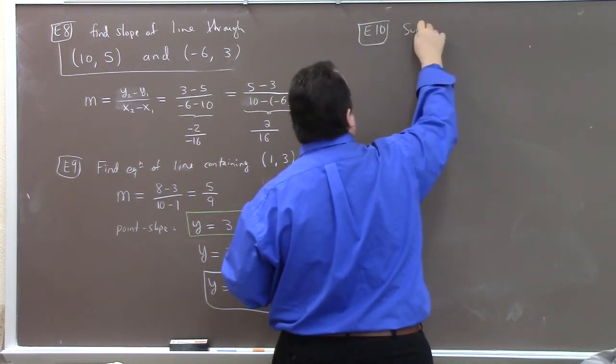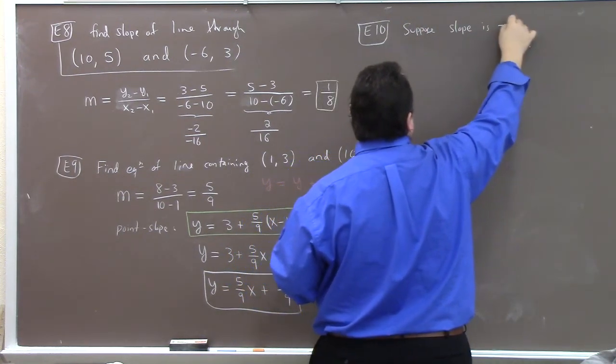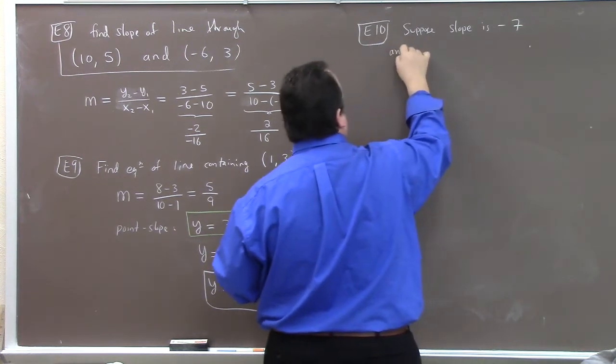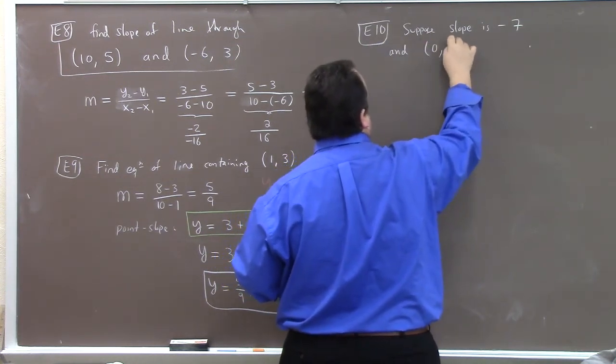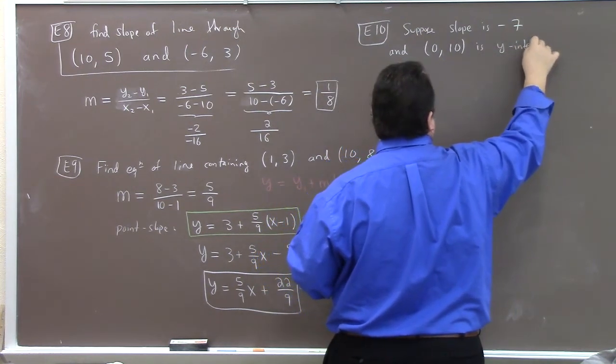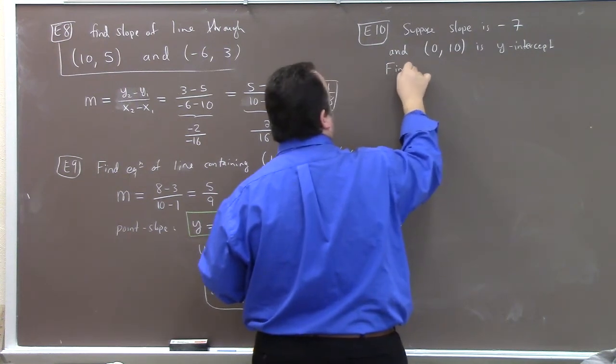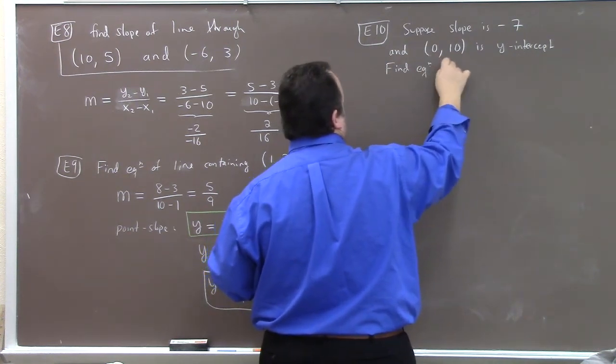Suppose the slope is minus 7 and (0, 10) is the y-intercept. Find the equation of the line.